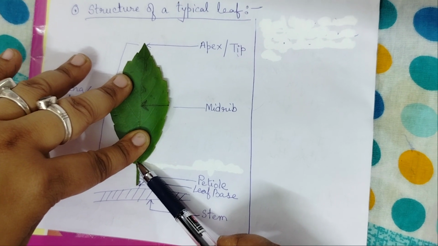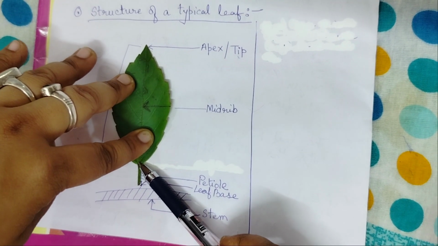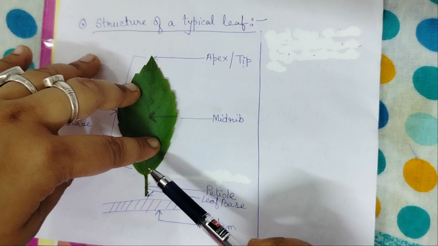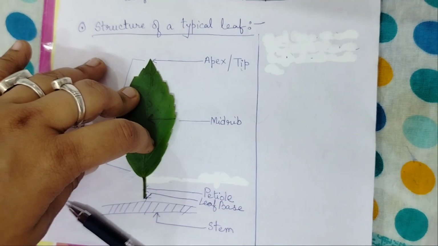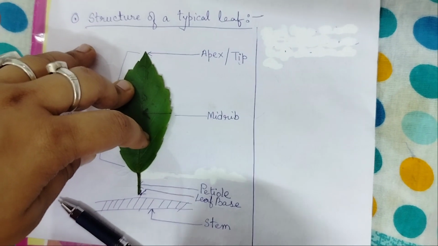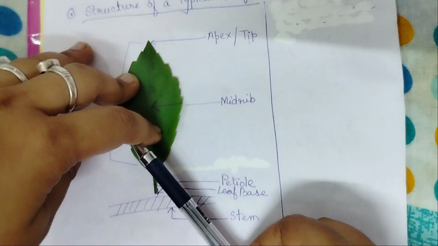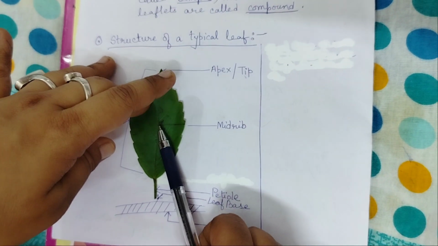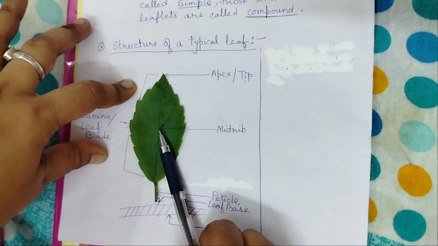So what are the functions of this lamina? Lamina synthesizes food by photosynthesis. Gaseous exchange takes place through lamina.